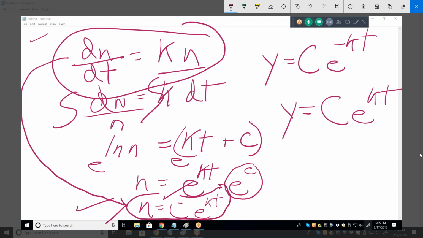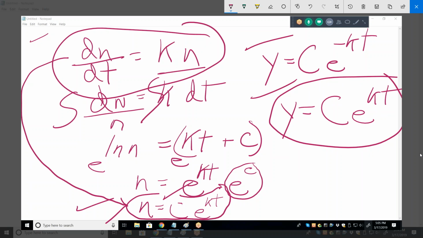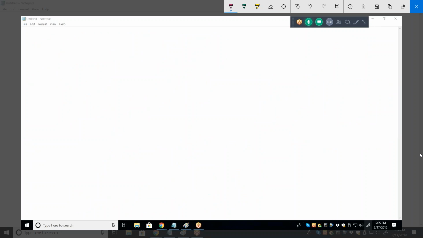It seems like this should satisfy every single situation. If you have decay, k would be negative. If you have growth, k is positive. But for some reason, I don't know that it matters, but I've got books that say this is for decay, this is for growth, which means k is always positive. I don't think it matters in terms of solving any of these problems.